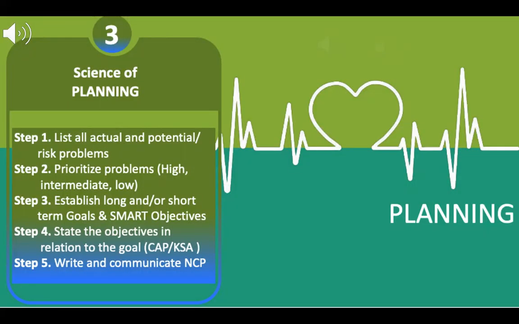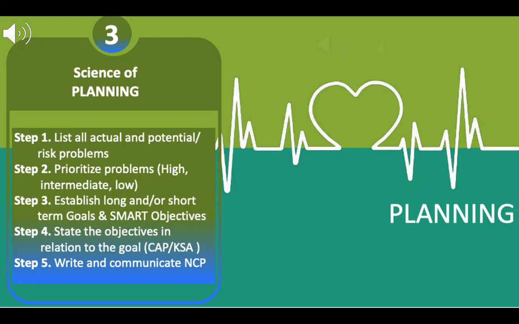The next step of the nursing process, which you have learned so far, is the planning. And again, within the step of planning are sub-steps, wherein we first list all the actual, potential, and risk problems. After listing, we prioritize them.